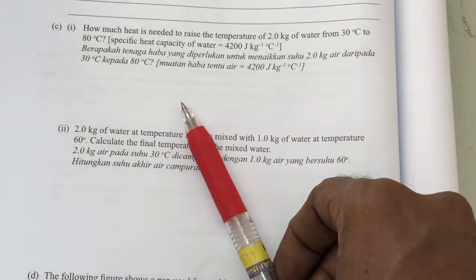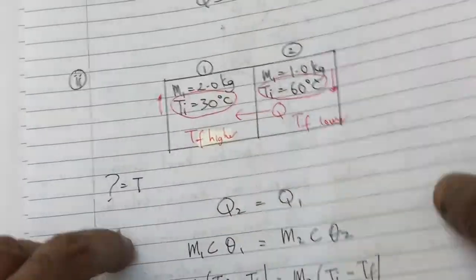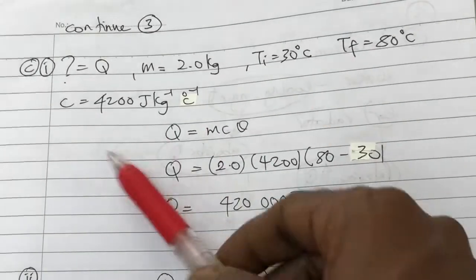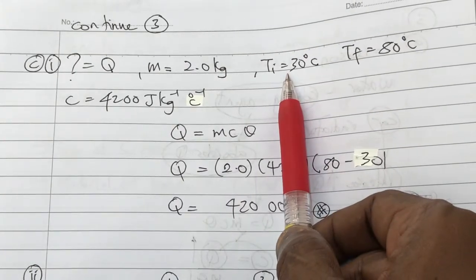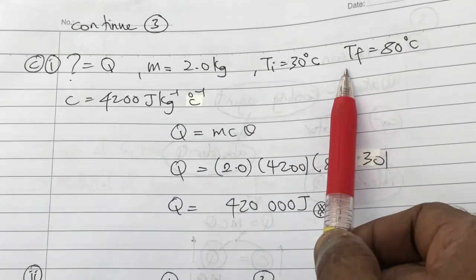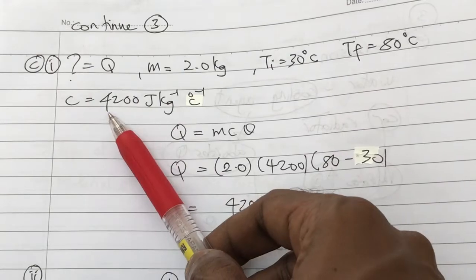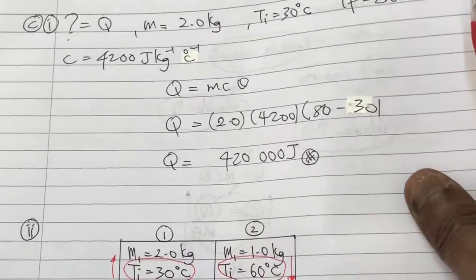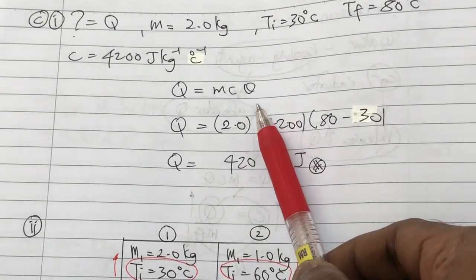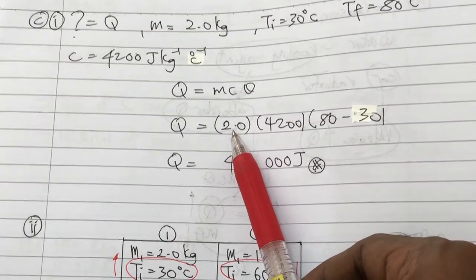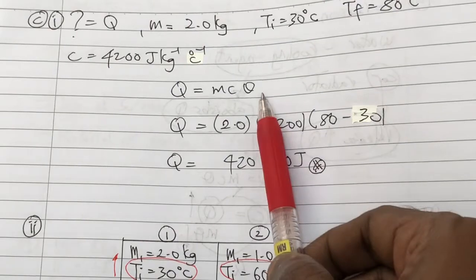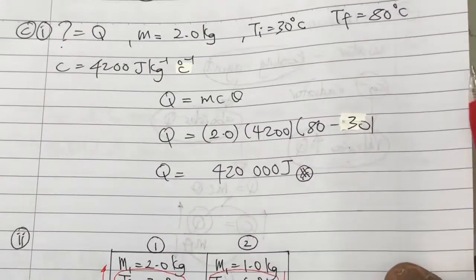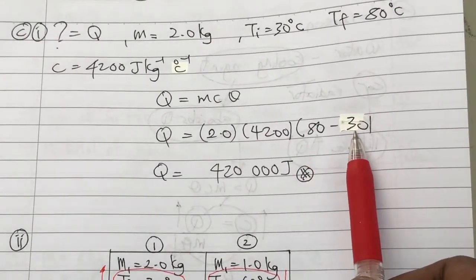It's a straightforward question, but we will still do our step 1. They are asking for heat, mass 2 kg, initial temperature 30, final temperature 80, and we are given the value of c. Using the formula Q equals mc theta, we substitute the mass 2 kg, the c 4200, and the change in temperature, which is the bigger temperature minus the smaller temperature.